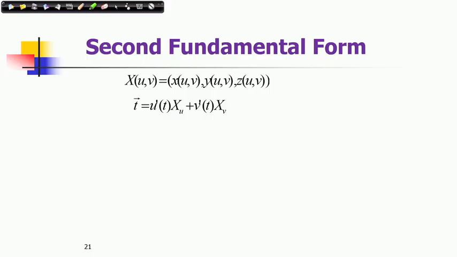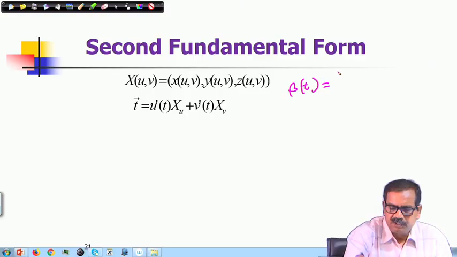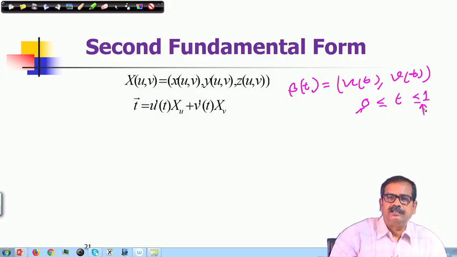Then if I induce a curve on the surface, we have used this parametric representation, say beta t, which again defines the surface point u t, v t for t within a certain range. It could be 0 to 1, or any other real interval.